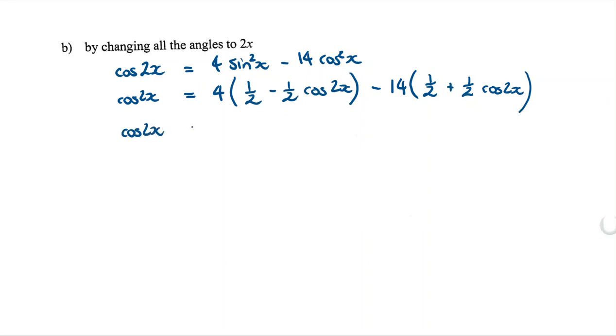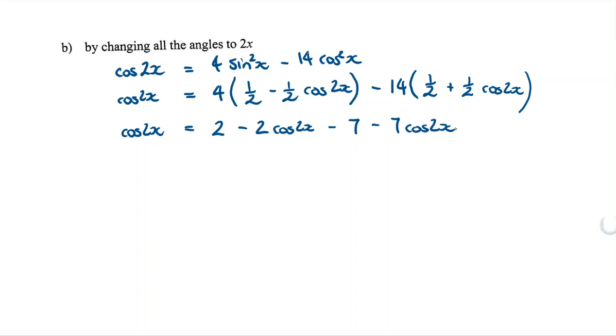Cos 2x equals 4 times a half is 2. 4 times negative a half is negative 2 cos 2x. Minus 14 times a half is negative 7. Minus 14 times a half is negative 7 cos 2x. All right, they are all cos 2x's. So let's collect them up.